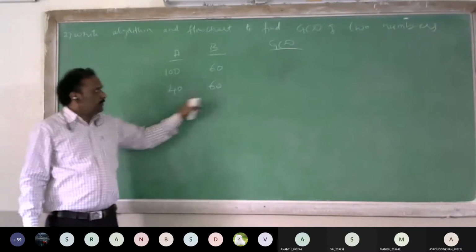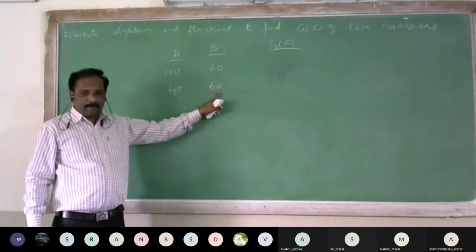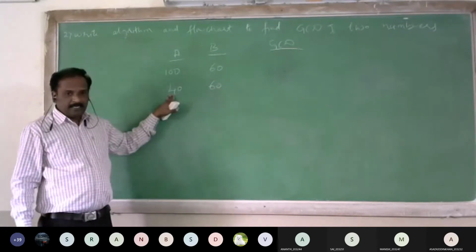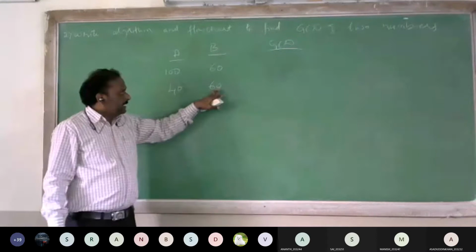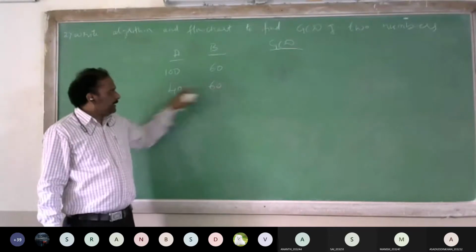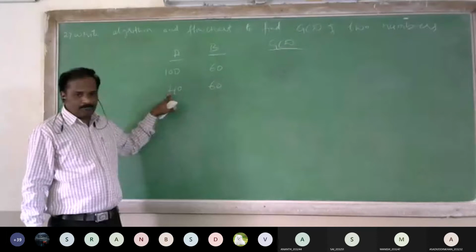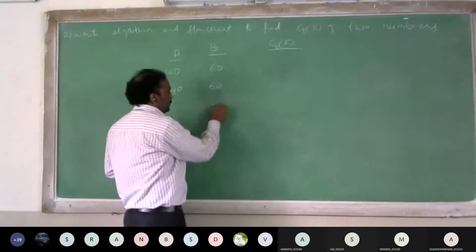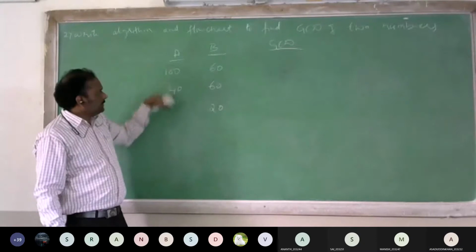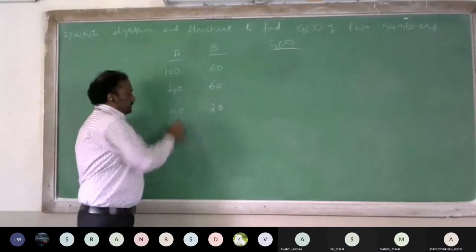Now, 40 and 60. Which is bigger? 60 is bigger, and 40 is less. Now you repeat the process: subtract the smaller number from the bigger number. 60 minus 40 is 20, so write 20 for B. Don't change A, which is 40.